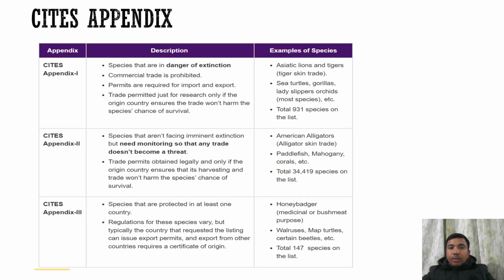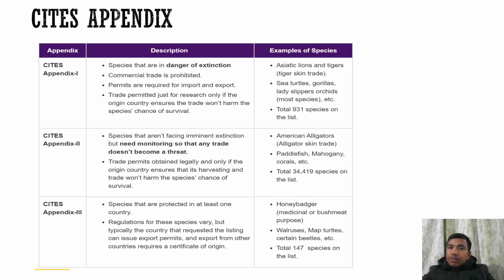In Appendix 1, the species that face the danger of extinction are included. Commercial trade of such animals in Appendix 1 is not permitted, and exchange or export of such animals can take place only for research purposes, and the country exporting the animal has to ensure that the export won't hamper the survival of the species.